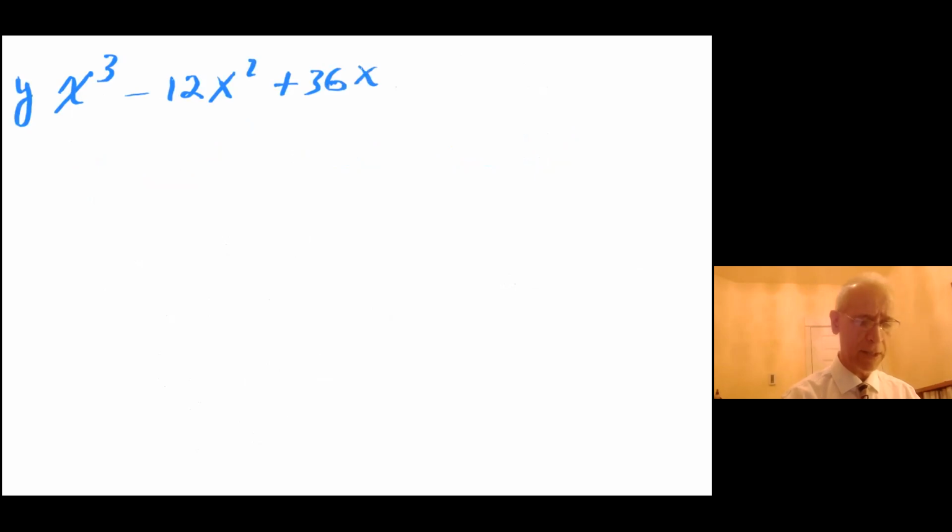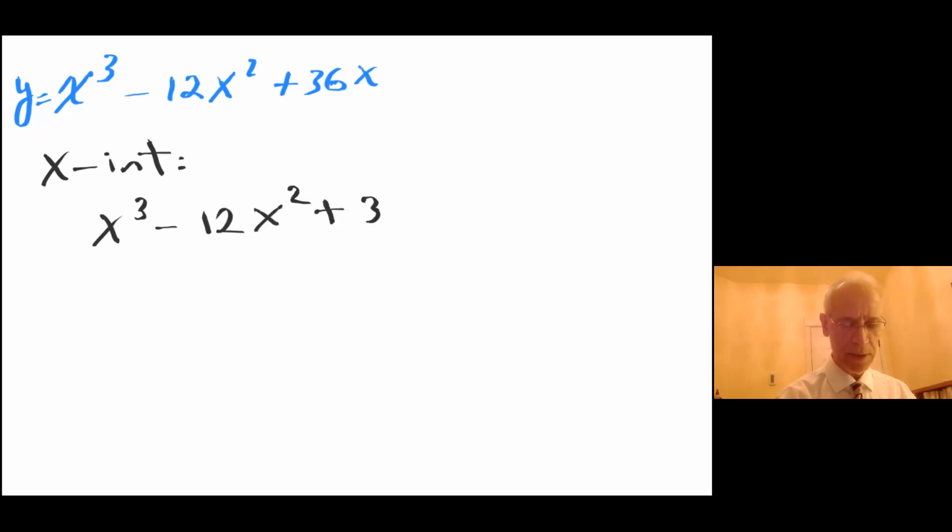We started with x cubed minus 12x to the second plus 36x, and this was all y equals. So first, let's do the x-intercept. For the x-intercept, set that equal to 0. I have x cubed minus 12x to the second plus 36x equals 0.